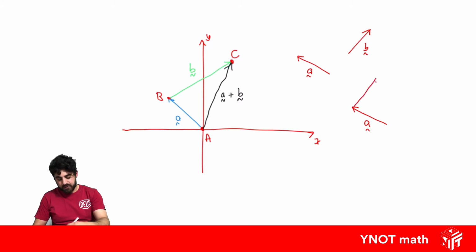So we could do something like that. And then our addition of these two vectors is this vector here, A plus B. So it doesn't matter if the vectors are not connected, we can move them around so that they are connected and we get our addition of vectors.